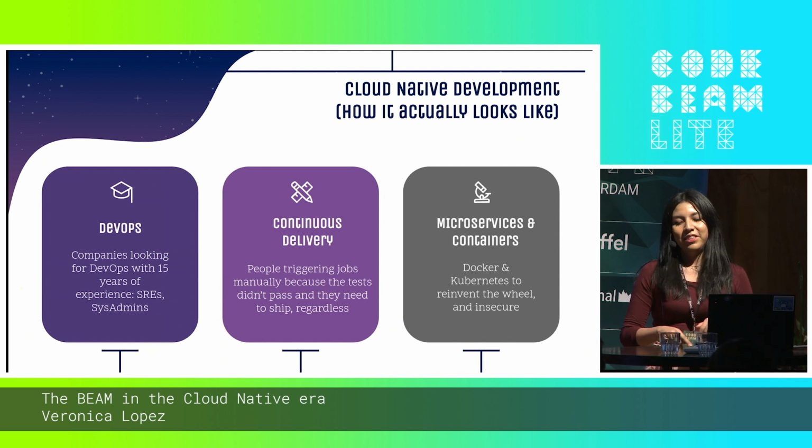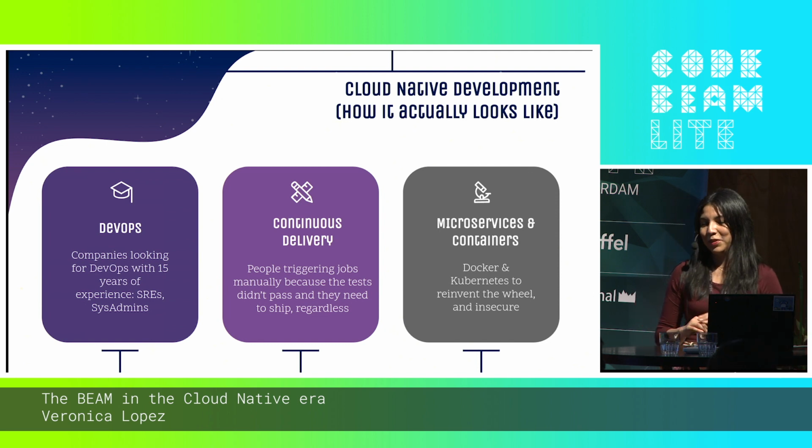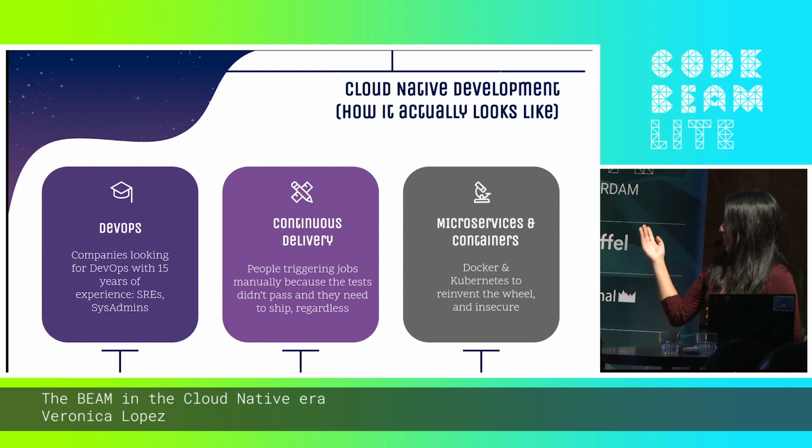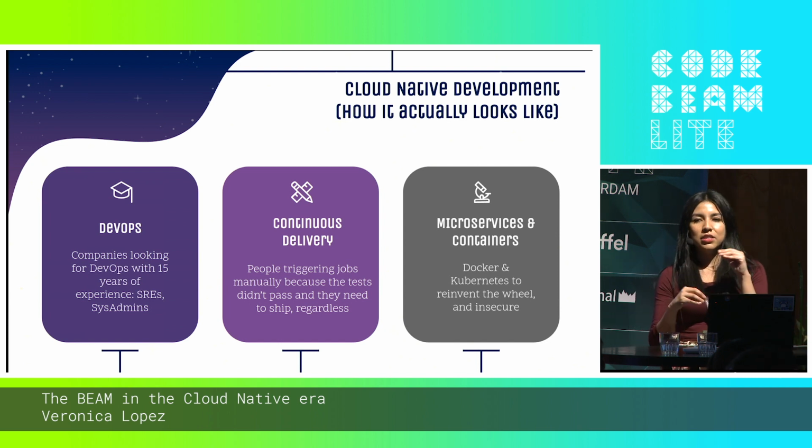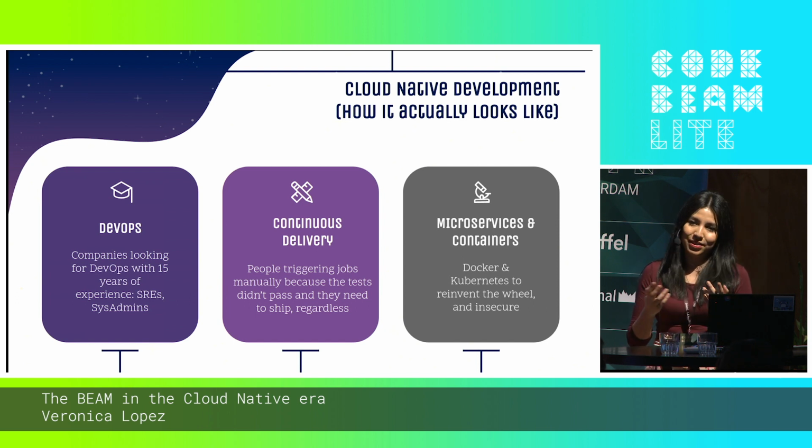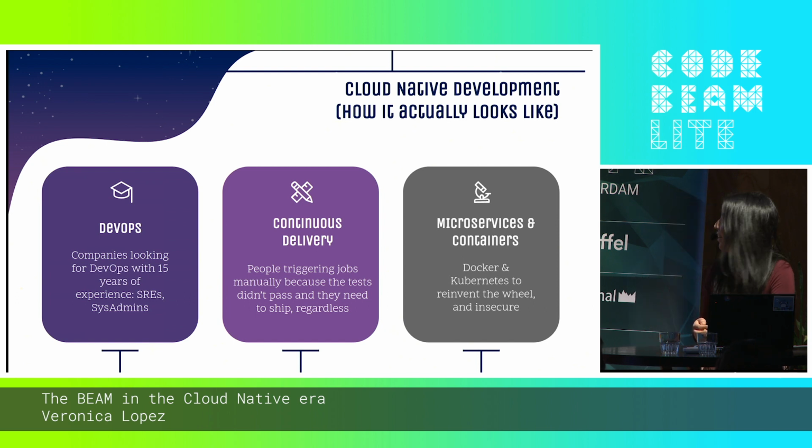So people do terrible things to make deadlines work. One of those terrible things is that. So then the point of having continuous delivery, continuous integration, and all this tooling is basically nonsense.